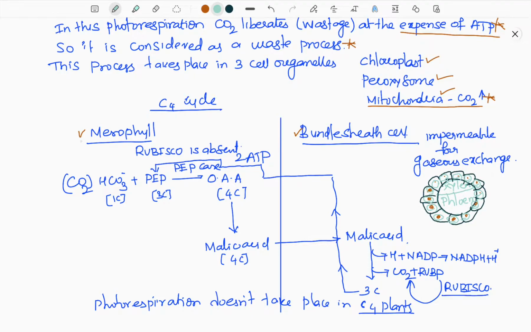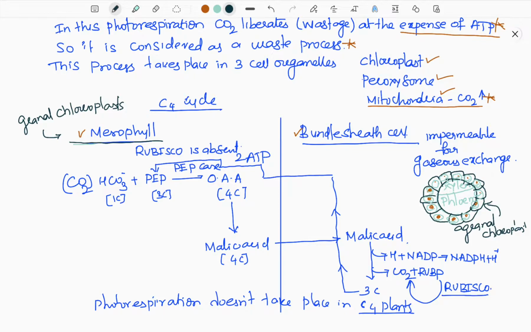Whereas in mesophyll, you see here, in this mesophyll, granal chloroplasts are present. So here, make a note, granal chloroplasts are present in the mesophyll cells and agranal chloroplasts, do remember, are present in the bundle sheath cells.